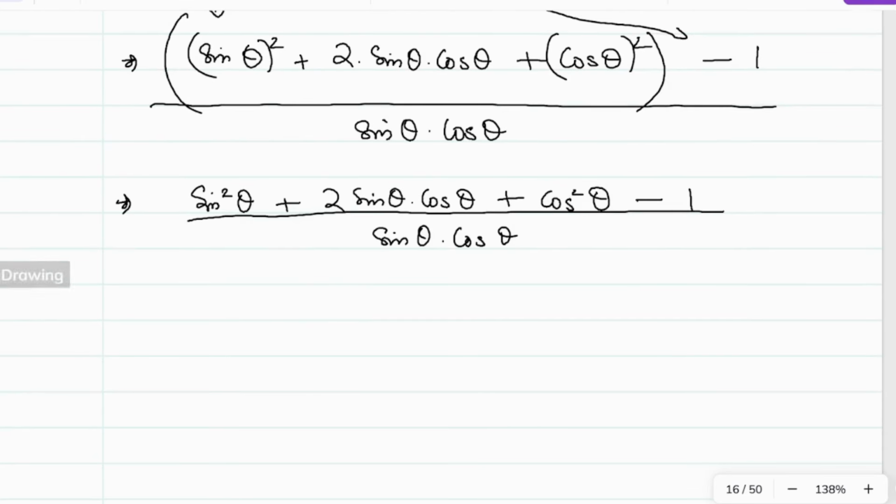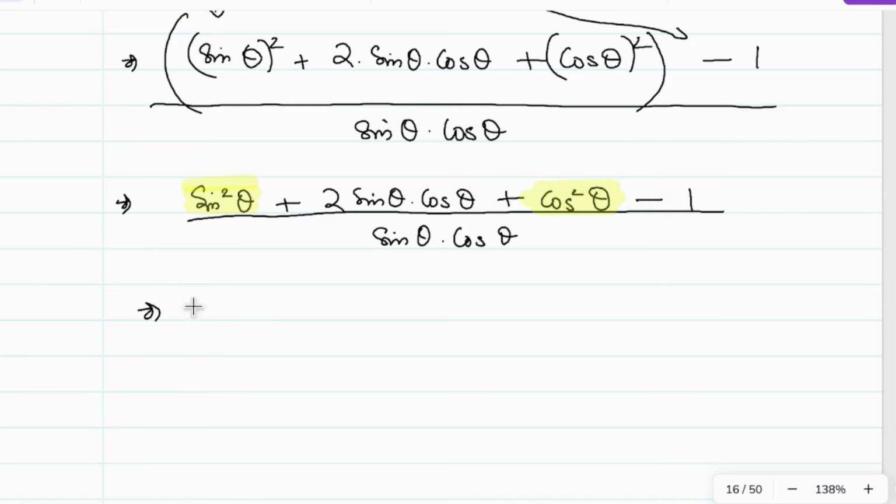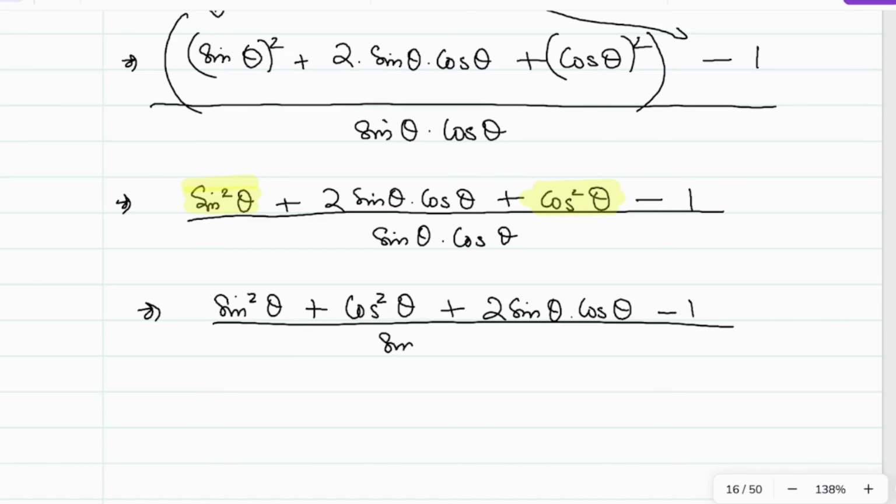So now I will write it in the first part: sin square theta plus cos square theta plus 2 sin theta into cos theta minus 1, the whole divided by sin theta into cos theta.